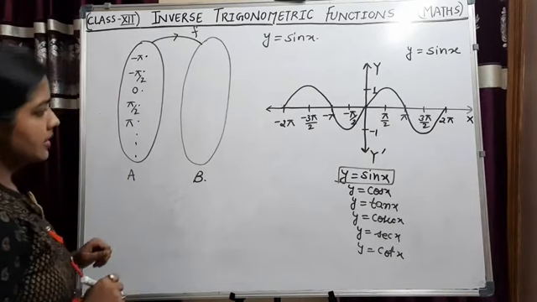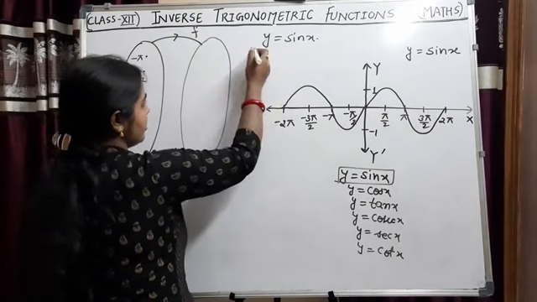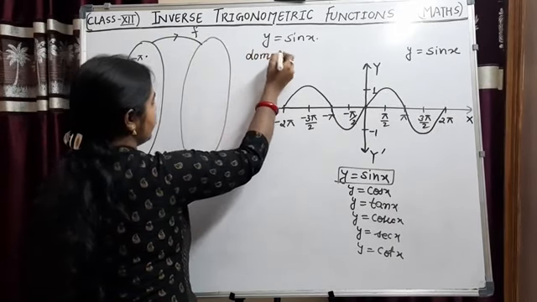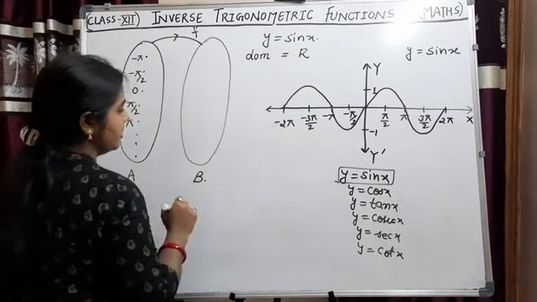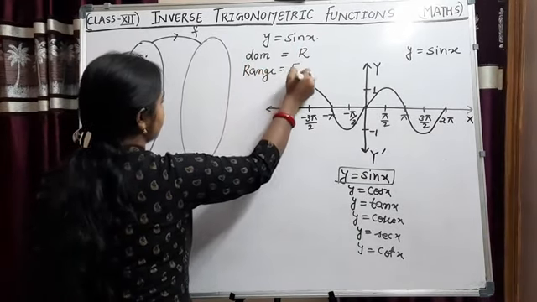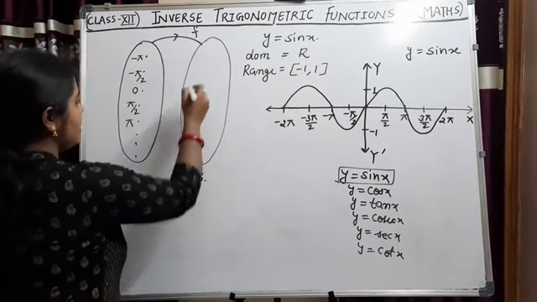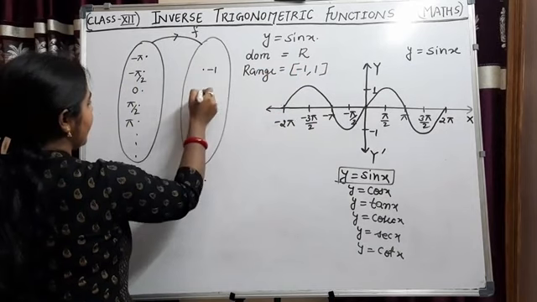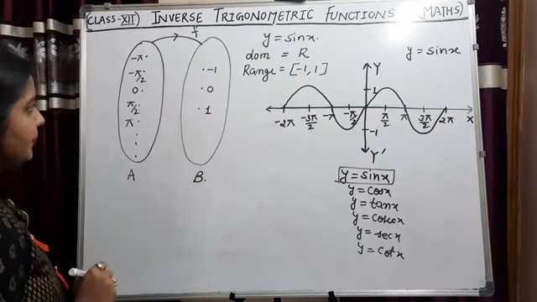Some elements I am writing here in A. Then we know that the domain of the sine function is all real numbers, and the range of the sine function is the closed interval -1 to 1. So here we can take -1, 0, 1. These 3 points I am taking.